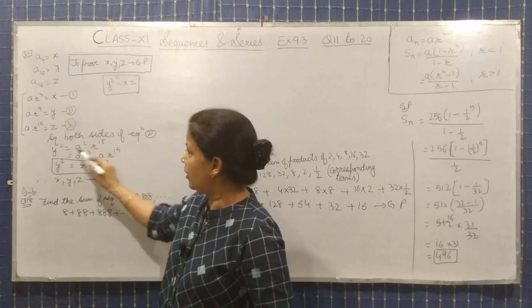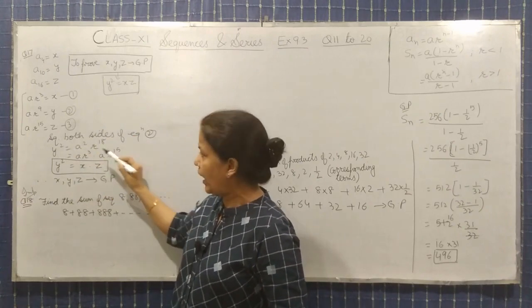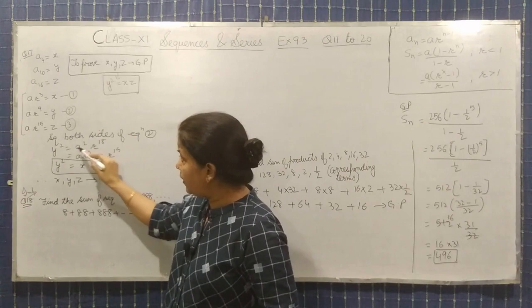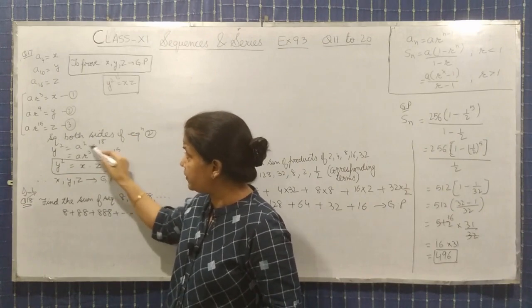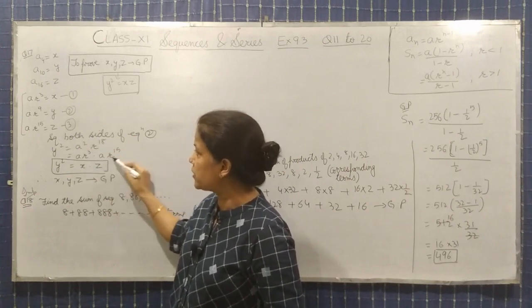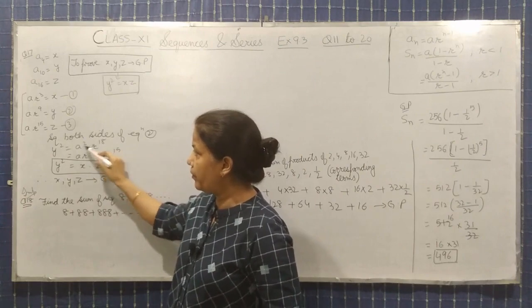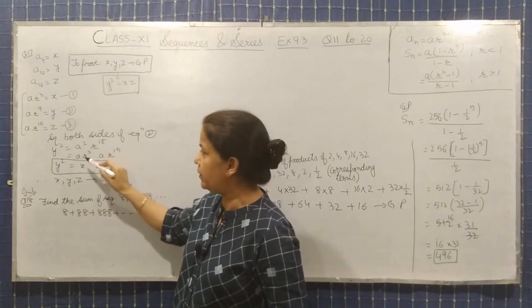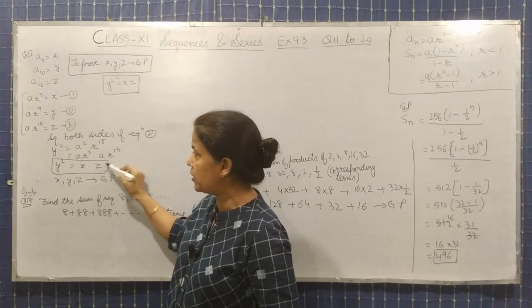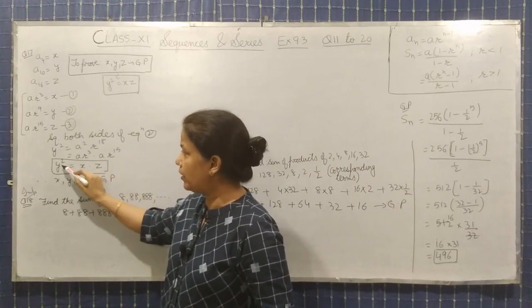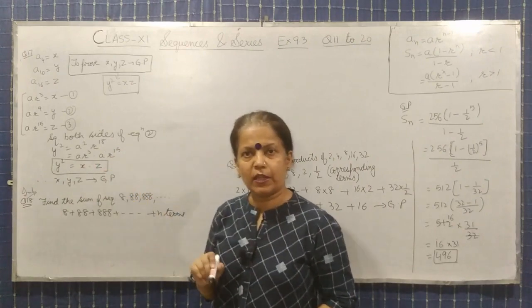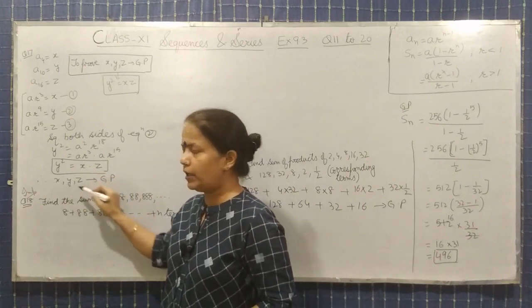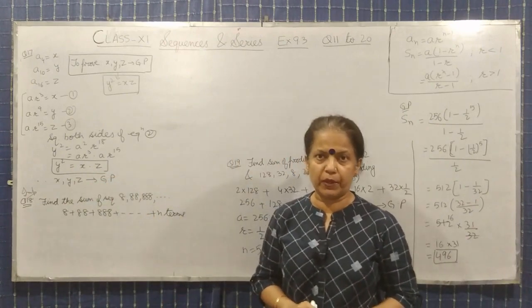So after squaring it, we will get this result, and then rewrite or split this term in the form of x and z. And therefore x, y, z are in GP.